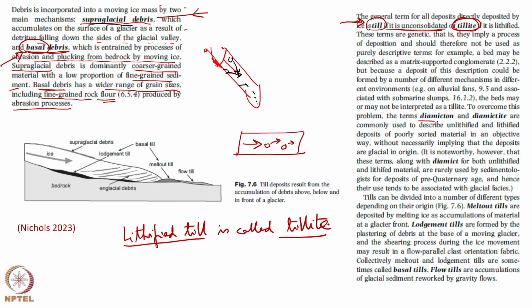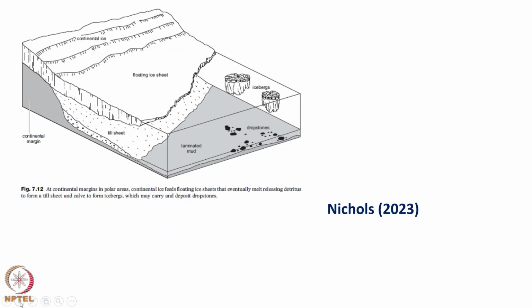There are other terms, diamicton and diamictite. They are commonly used to describe unlithified and lithified deposits of poorly sorted material. So, the diamicton are the poorly sorted materials which is unlithified, and if it got lithified, it is called diamictite.